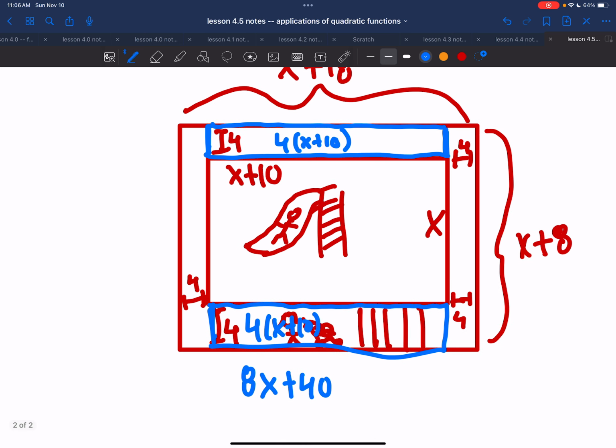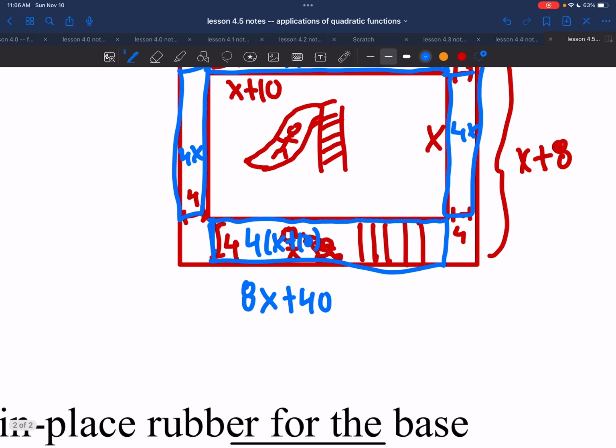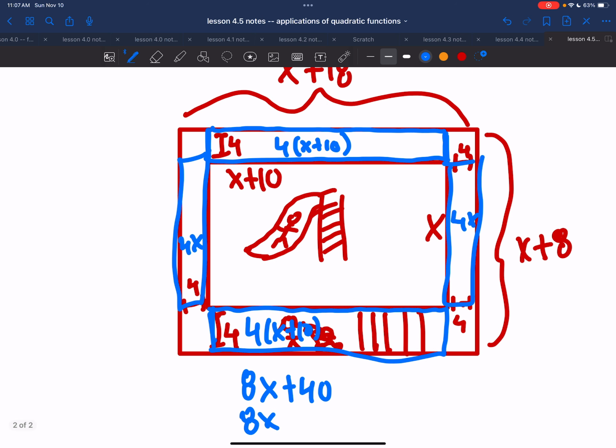Then you do the same thing for this length, which is x by 4. So it's 4x, and you do it here. That's 4x. So that makes another 8x. And then each of these little squares is a 4 by 4 square, right? That square, this square, this square, this square.